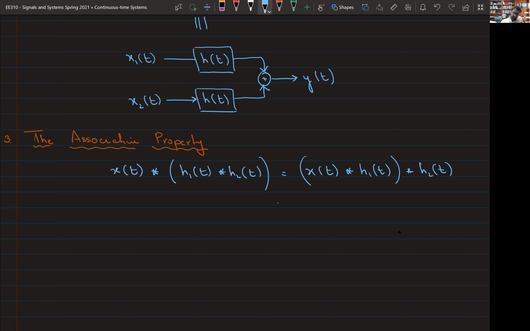Or for that matter, this would also mean x of t convolved with, if I change the order, because I can use commutativity here, h2 of t first and then h1 of t, right? So the conclusion here from the associative property is that the order of convolution does not matter.